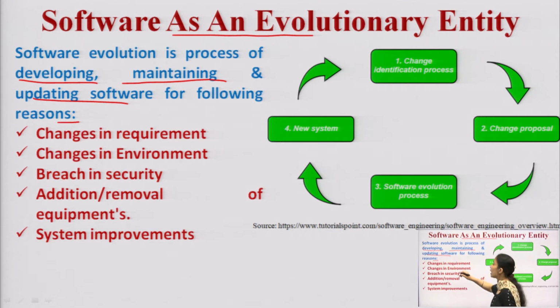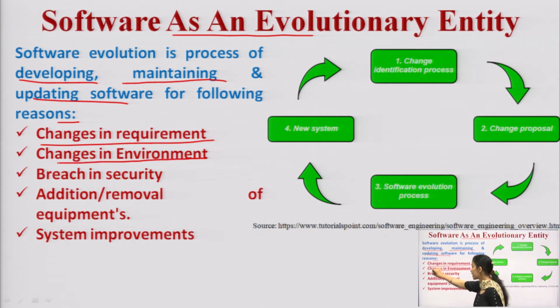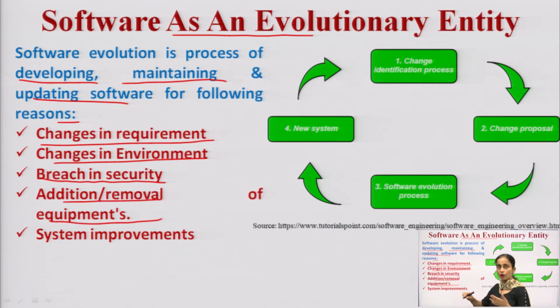Updating means how my software handles changes in requirements, how it handles environment changes, how it reacts if somebody causes a security breach, how it reacts if some equipment is added or deleted, and how it evolves through improvements. Is there any scope of doing improvements or not?